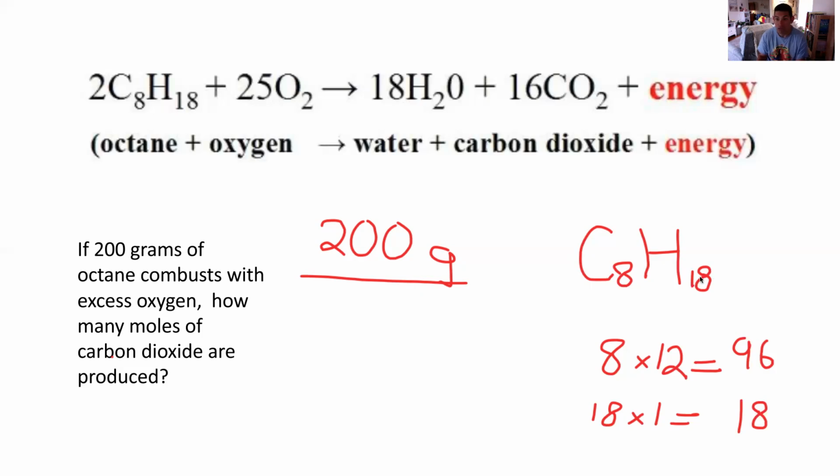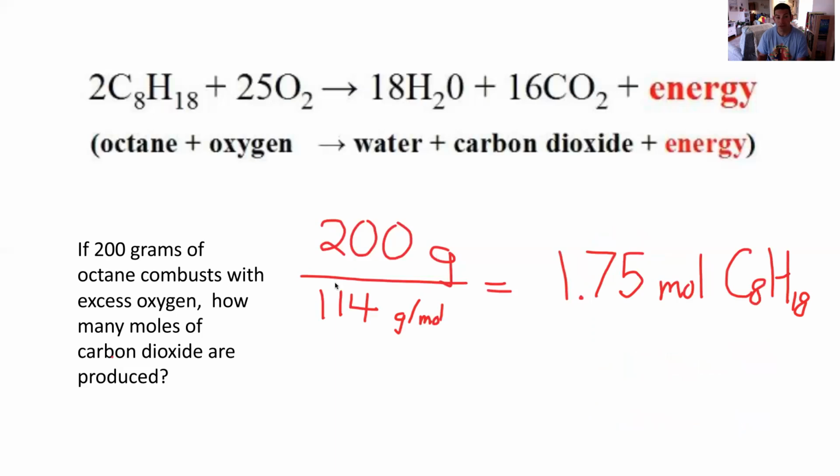Right? I just used the periodic table, those lower numbers. So now I'm doing 200 grams of octane divided by 114 grams per mole. That equals 1.75 moles of C8H18. All right, so this is a two-step problem. I have to convert my grams of the given into moles, and all I have to do that is divide by molar mass.